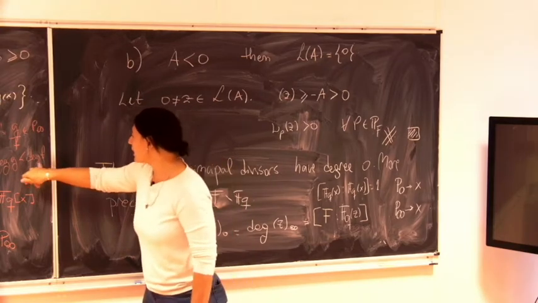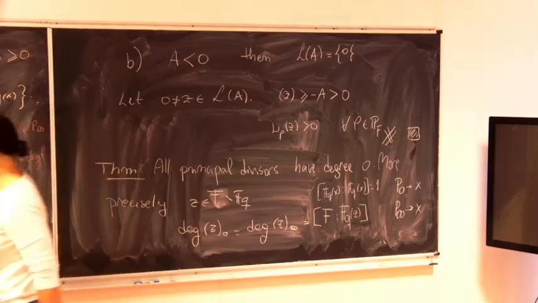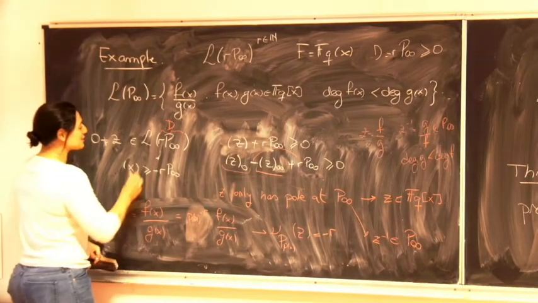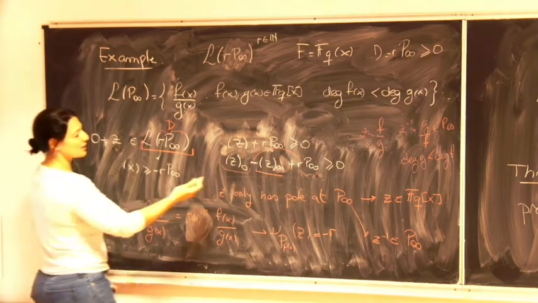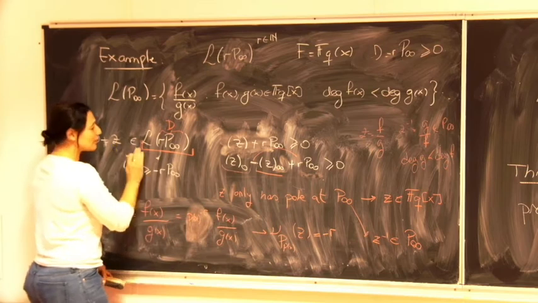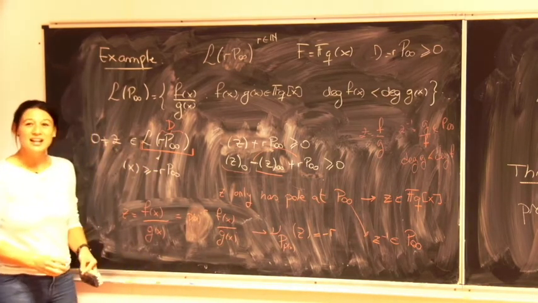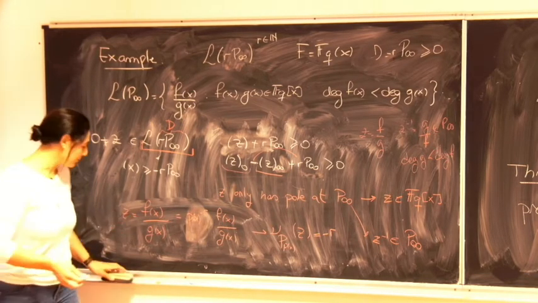And actually, this degree has to be 0, because this is happening for all the elements here. So if I have non-zero elements inside the Riemann-Roch space associated to P infinity, then that element is just a polynomial.